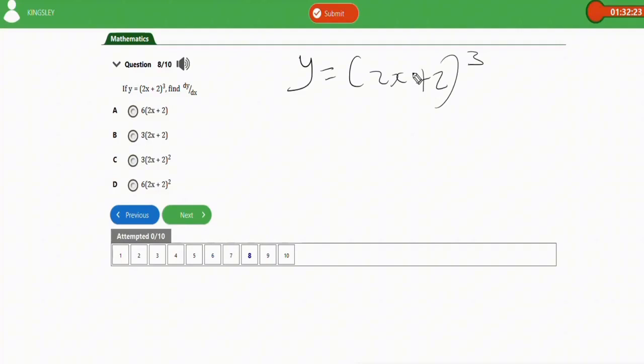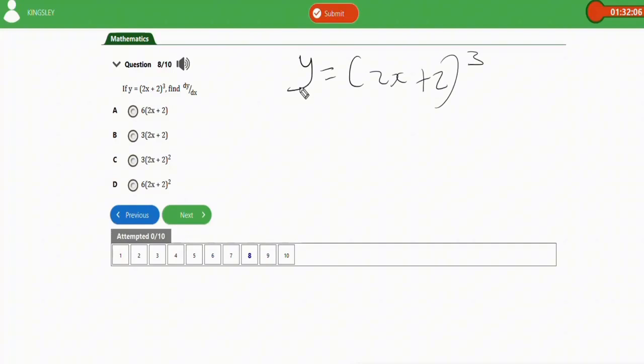Now we have rules of differentiation: we have product rule, we have quotient rule, and we have chain rule. These are the three basic rules. Product rule is when you are dealing with derivatives of functions that involve multiplication.